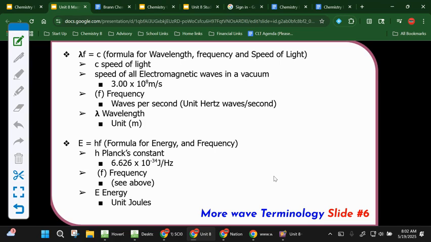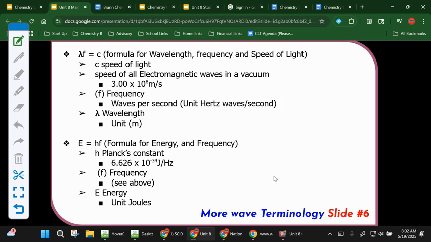So if you were standing there on the highway, counting cars that go by you as you are standing there, the number of cars that go by in a second would be frequency. How often something happens in an amount of time. Now, the important part for this is the unit of frequency. Hertz. It's on your blue sheet.